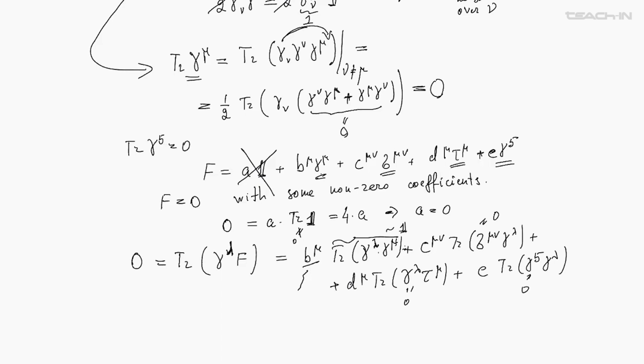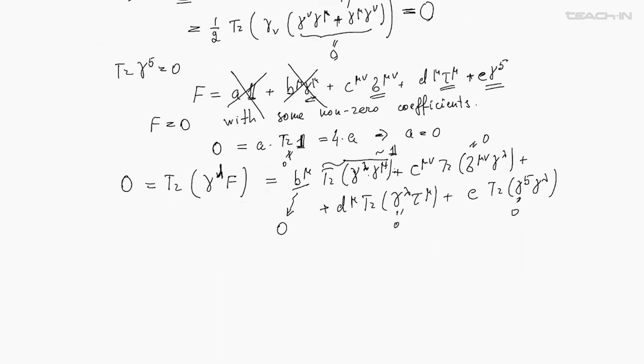Then multiplying the rest by gamma lambda, gamma beta, again you take the trace and you show that coefficients C mu nu are equal to 0. The same is for D mu, and then finally for E. Proceeding in this way, you show that all the coefficients in this linear combination must be equal to 0. Therefore, these matrices are linearly independent.